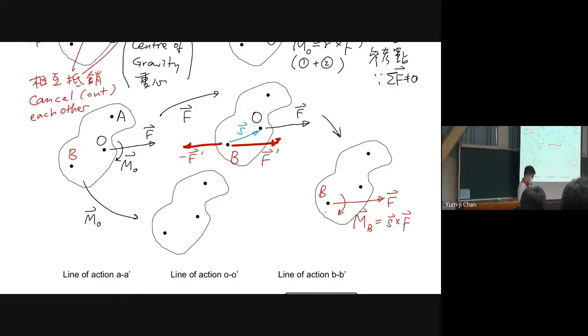Now for the other part, we only talk about MO. Remember, MO itself is two forces with the same magnitude, right? So for MO itself, summation F equals 0, and it is independent of reference points.